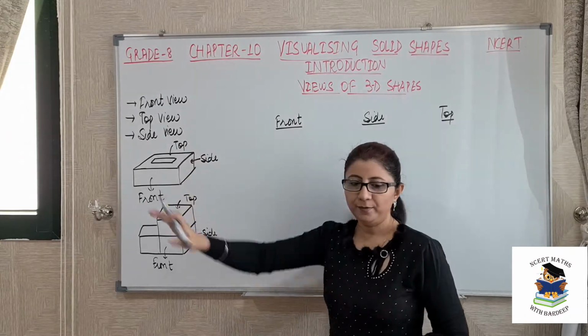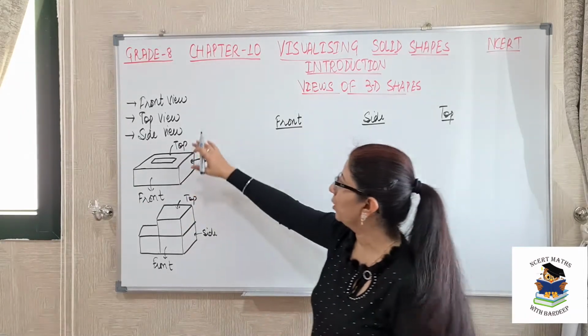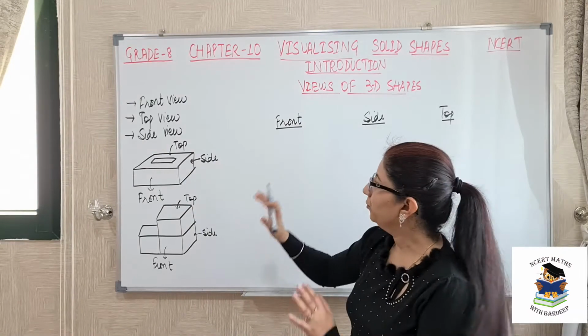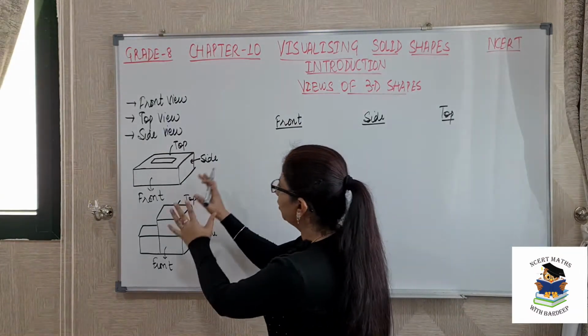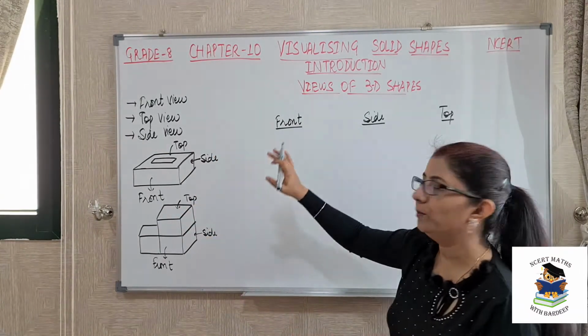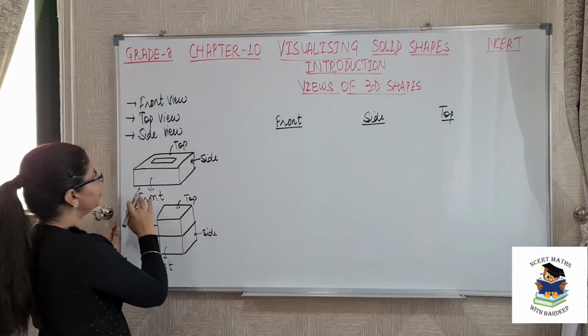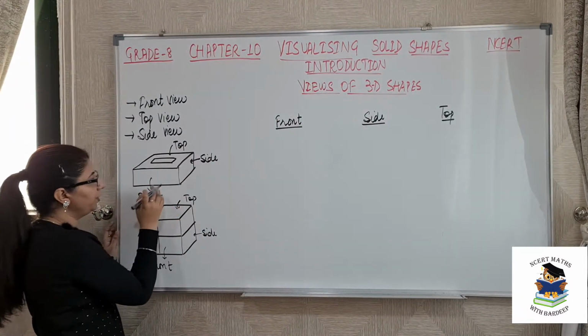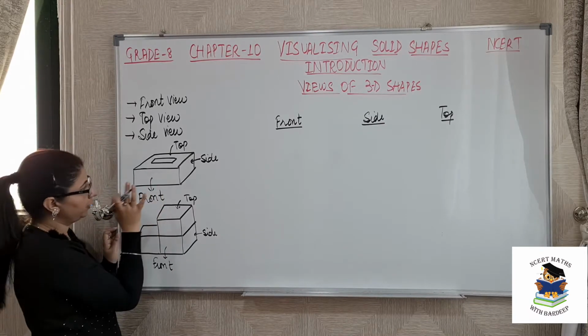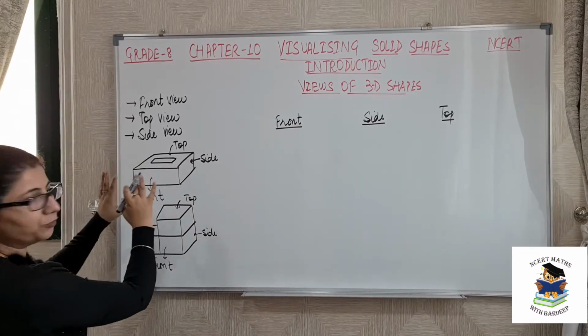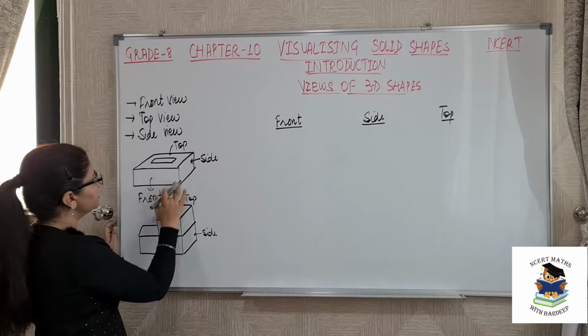Suppose this shape, as I have already explained, this tissue box, is given to you and we need to draw its front, top and side view. So as already explained, this is a tissue box and this is the front view. Wherever it is written front, you should look from this side. So this is the front view.